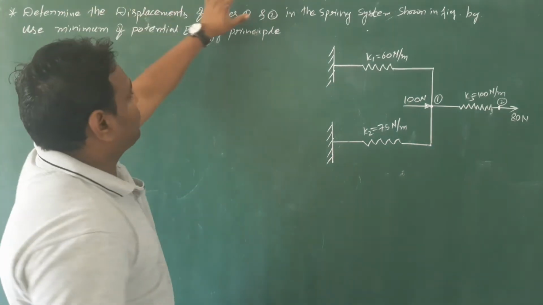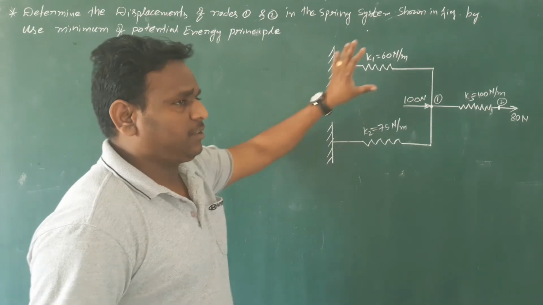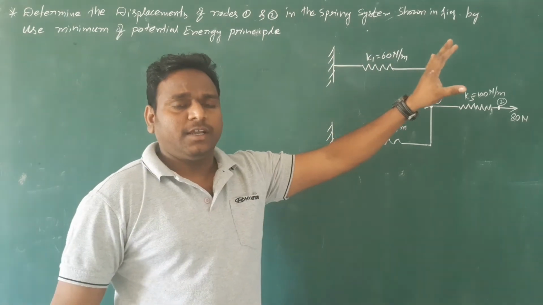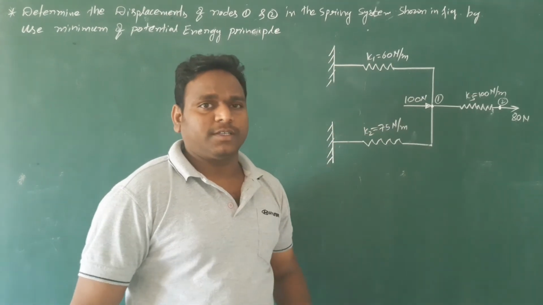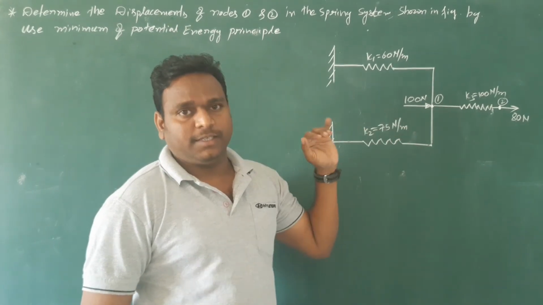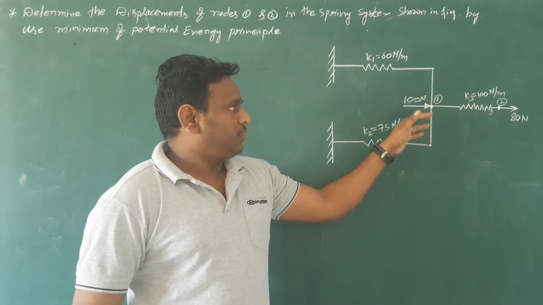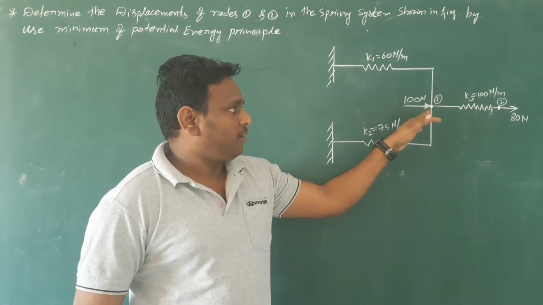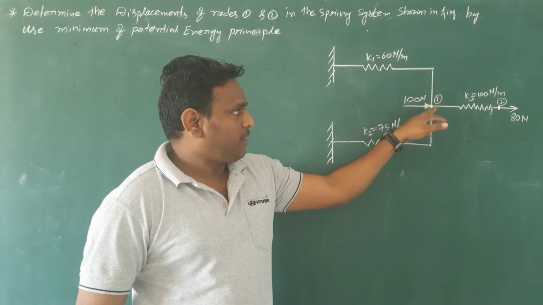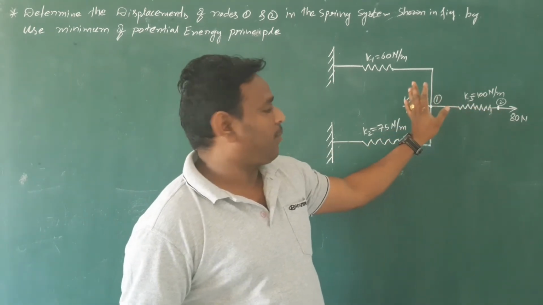Now, determine displacements of node 1 and node 2 in the spring system. This type of system we can see in our machine components and in construction fields also. We are going to find the displacement of node 1 and node 2 based on the applied load.